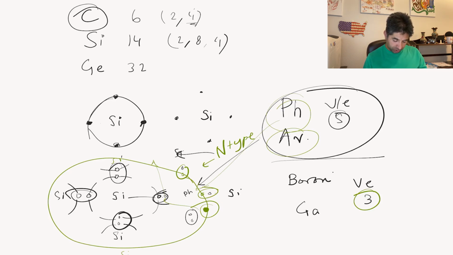So one is shared with this silicon, one is shared with another silicon, one with another, and there's another adjacent silicon with an electron, but no bond is happening, because boron has only 3 electrons. So this is what we call a hole.